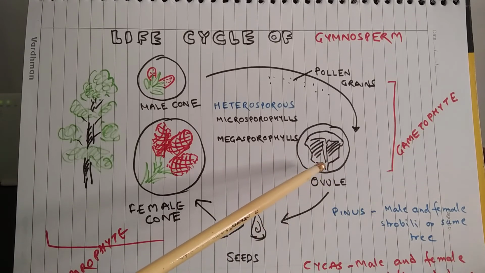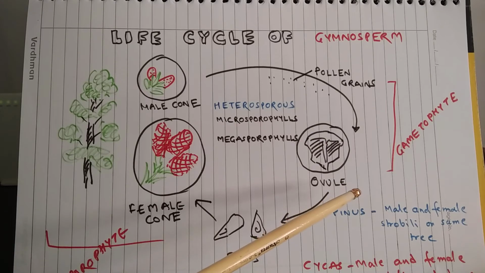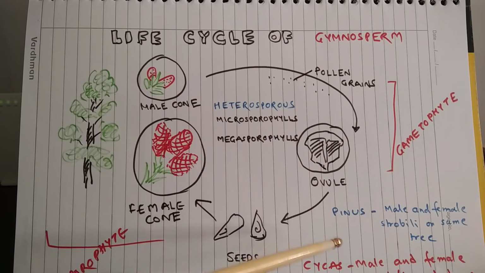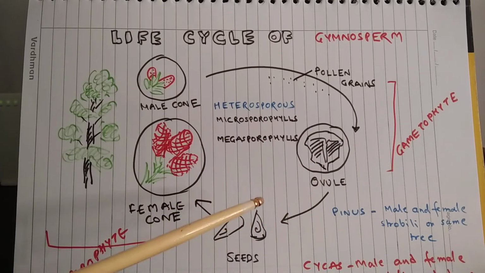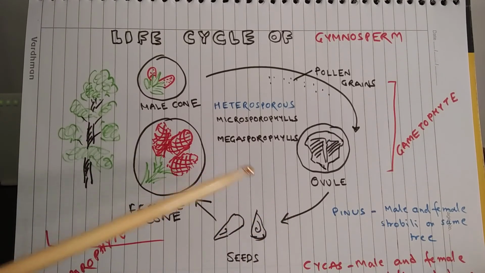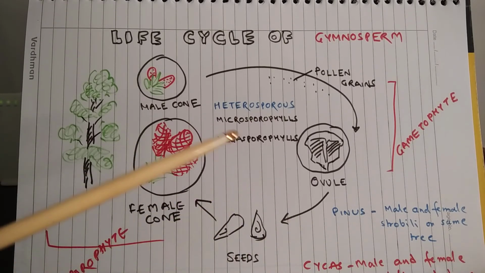Once the pollen grain enters the ovule, it produces a pollen tube, and after that fertilization takes place. After fertilization, the embryo has diploid structure, that is 2n ploidy. And from the seeds, the sporophyte phase begins.